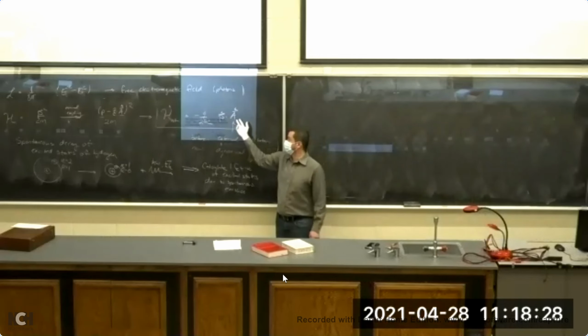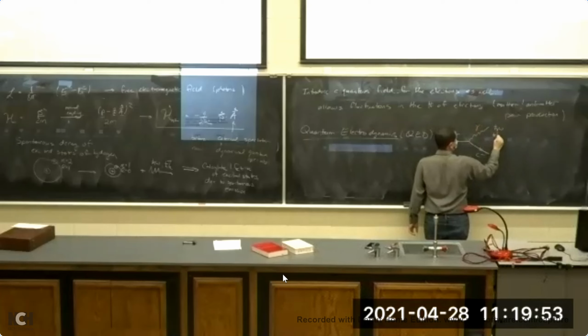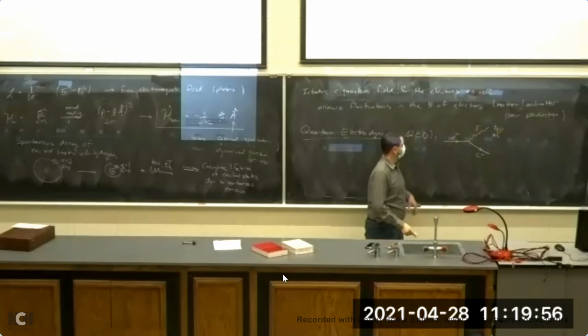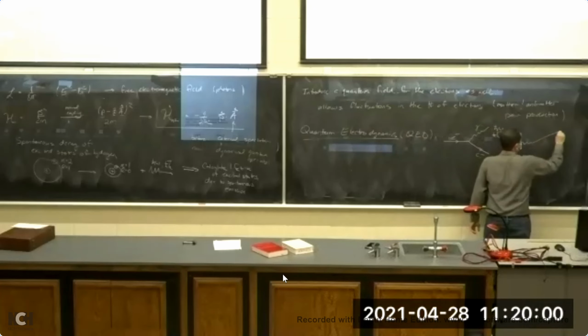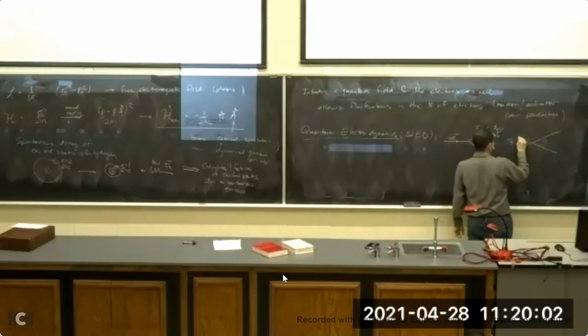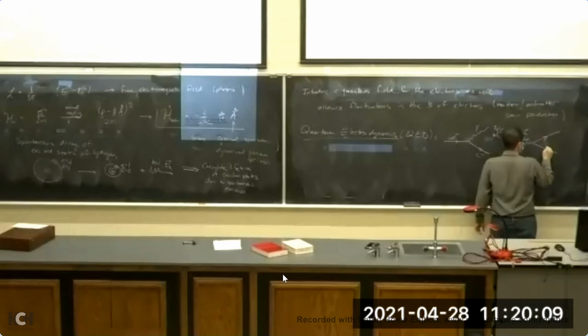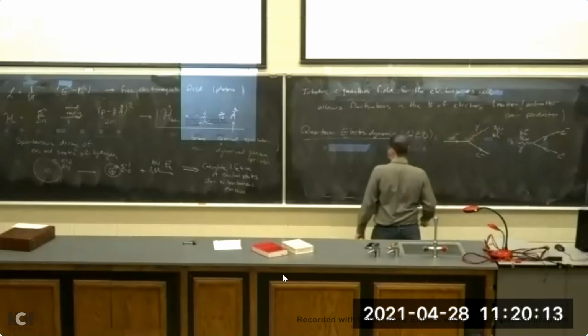QED has two elementary interactions, one of which describes the electron emitting or absorbing a photon with energy h bar omega and momentum h bar k, exactly as we described. And it also allows for the production of electron-positron pairs, where you now have a quantum of the electromagnetic field, the photon, which then pair produces an electron and a positron.